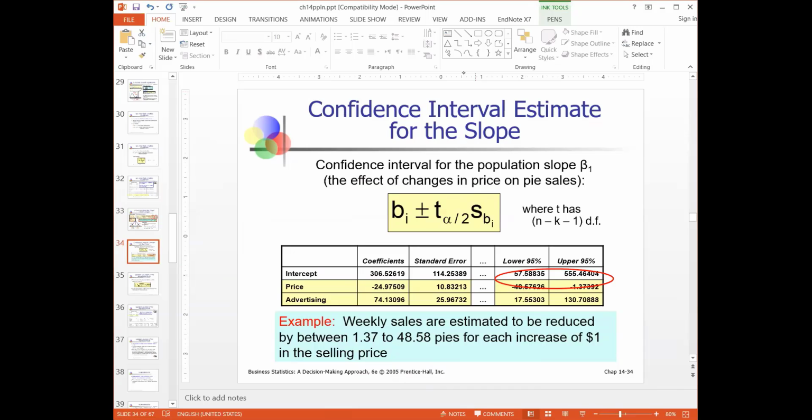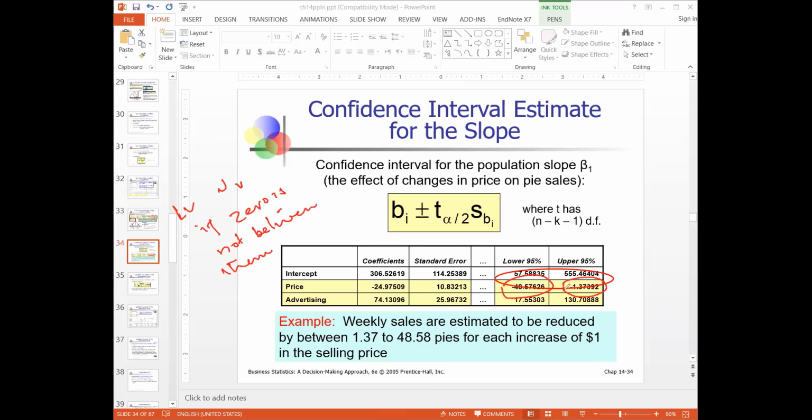If 0 is not in between the lower value and upper value, then that variable is significant.